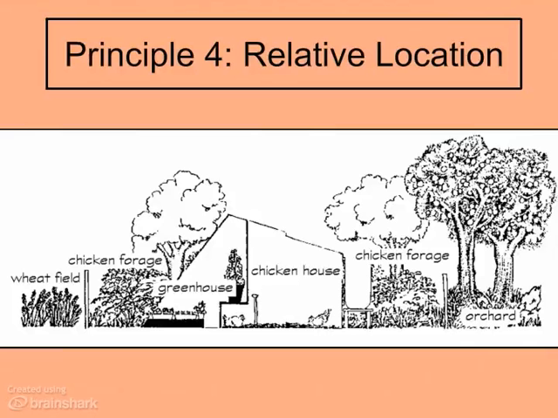Relative location means that we site every element in relationship to another element so that they might beneficially interact. In this design, the chicken coop has been placed beside the greenhouse, the foraging areas, and the orchard. Keeping chickens inside the greenhouse in winter can raise the ambient temperature of the greenhouse due to the chickens' body heat.